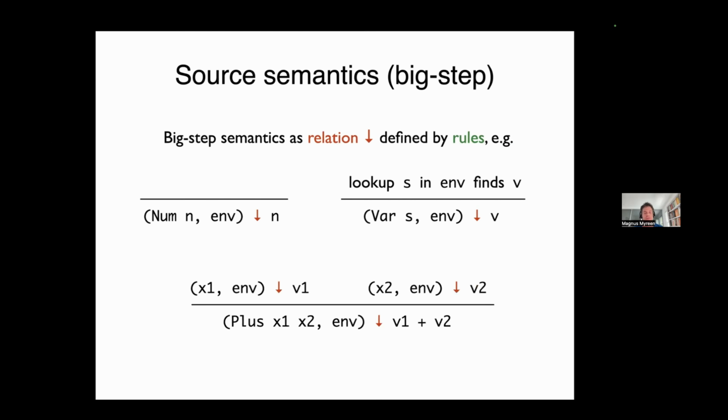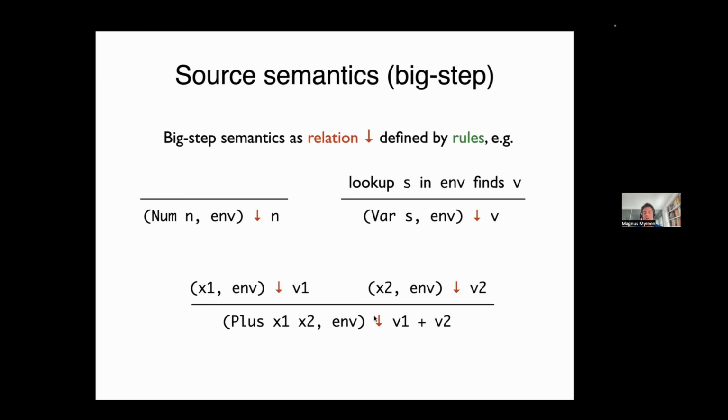And the most interesting rule is, of course, the recursive one, which is the plus. If you have plus x1, x2 in some environment, to evaluate it you have to evaluate successfully x1 to a value v1 and x2 to a value v2 in the same environment.